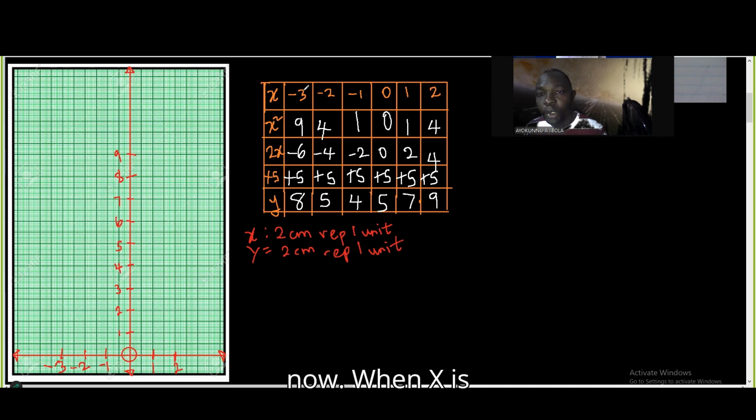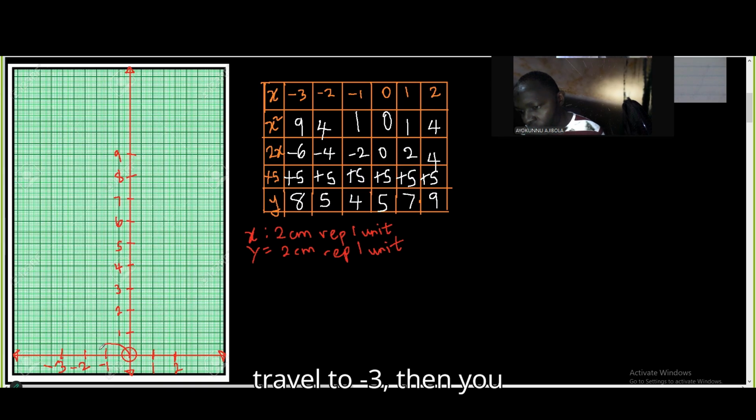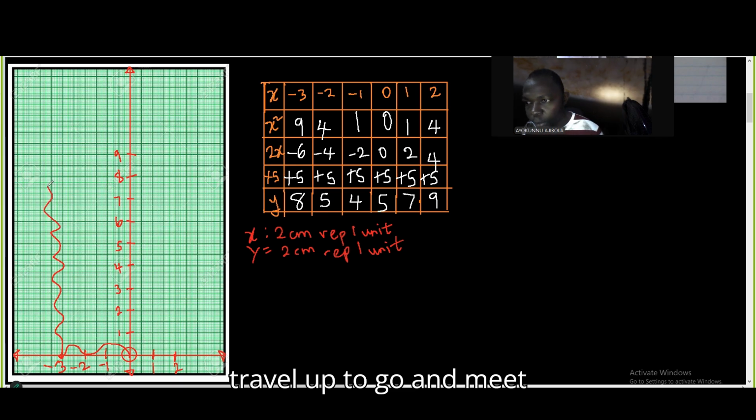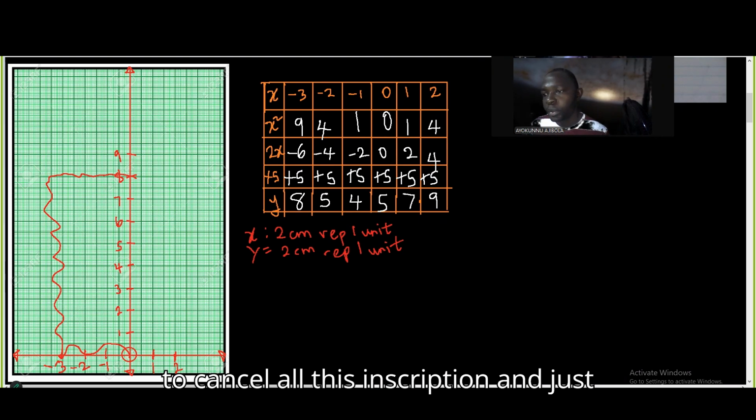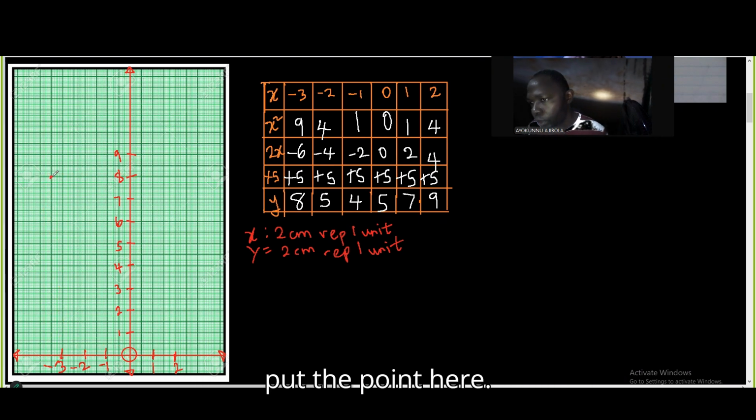Now, when x is -3, y goes up to 8. So on x, as you travel to -3, then you travel up to meet 8 here. So the point we are looking for is this point, but I'm going to cancel all those inscriptions and just put the point here.